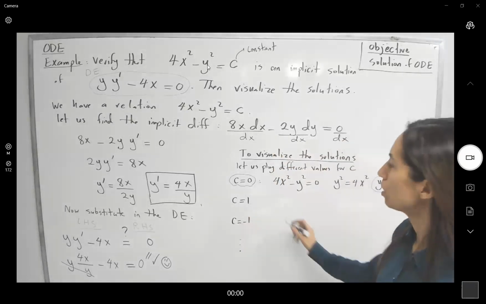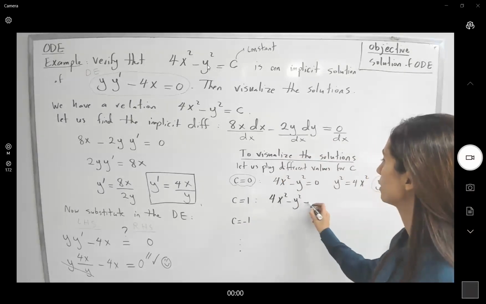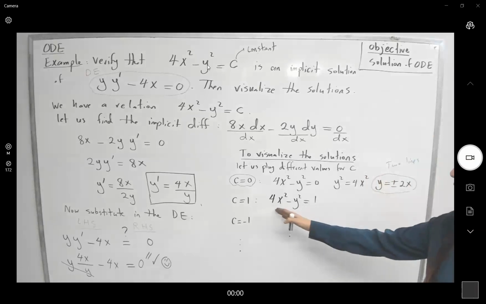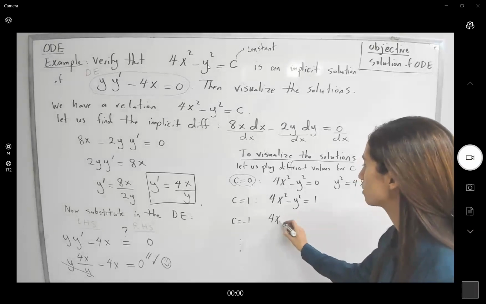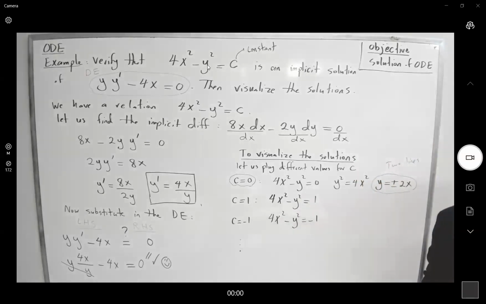If c is equal to 1, you get 4x squared minus y squared equals 1. So it means that you have a relation between x and y. If c is equal to negative 1, you get 4x squared minus y squared equals negative 1. You can just isolate y on one side and visualize this as well. If you have time, plug in more values for your c.